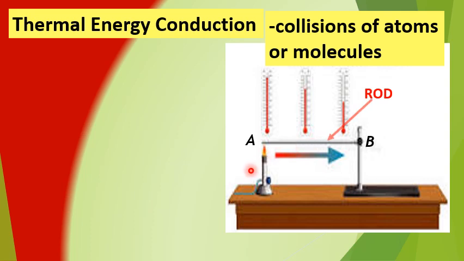Its hotter end is labeled capital A, and its cooler end is labeled capital B. Since the two ends of the rod are said to be in thermal contact, the thermal energy flows by way of this mode known as conduction. We assume that the rod is a good heat conductor.